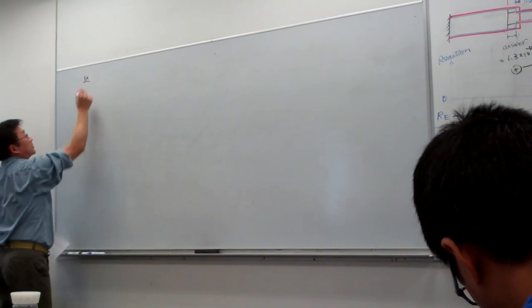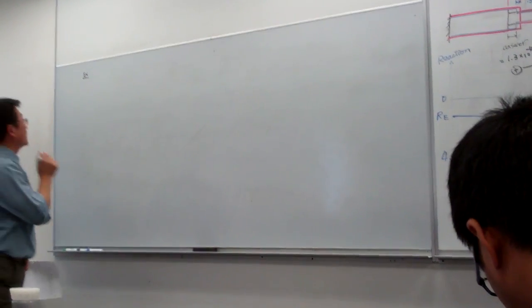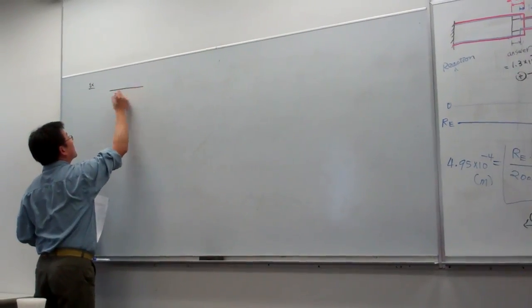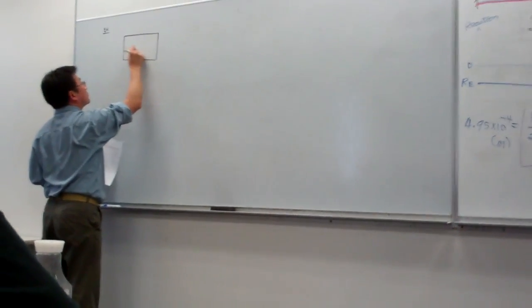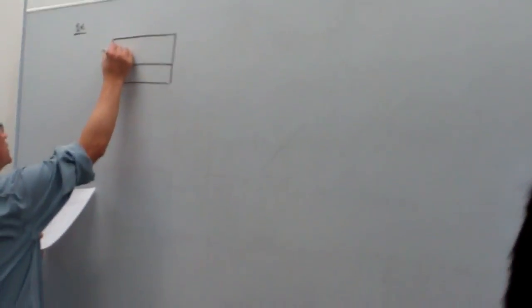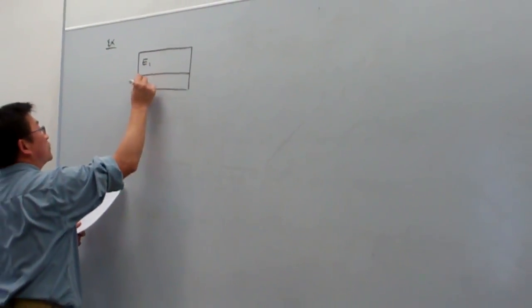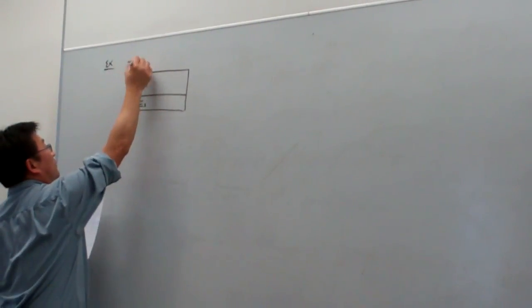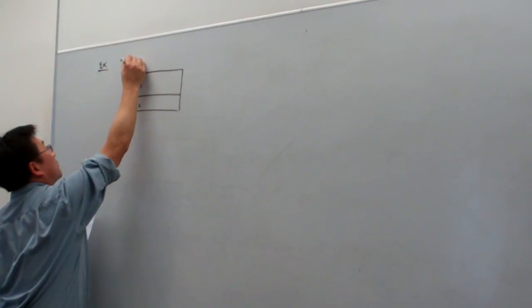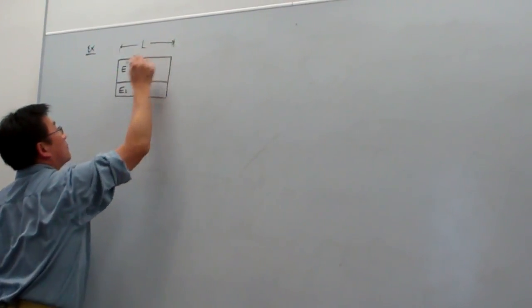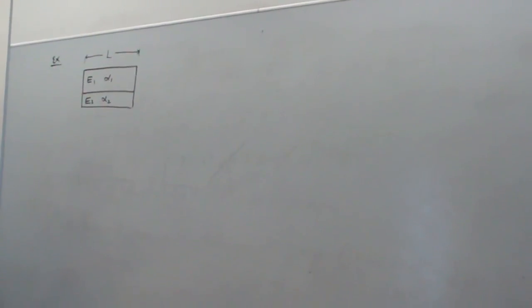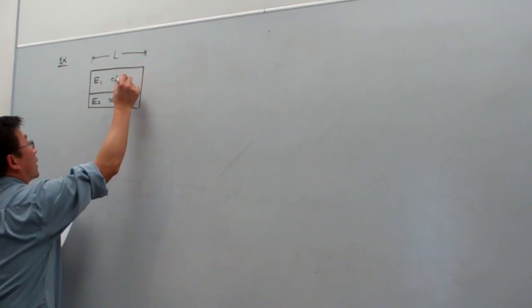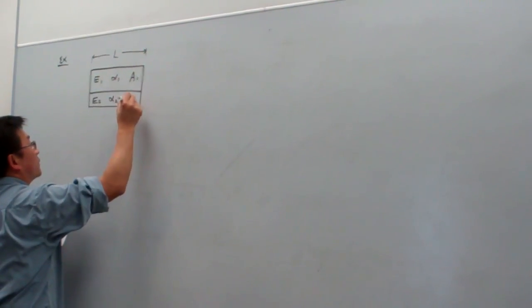Another example is this. If we have different materials, for example, this is E1, this is E2, and they have the same length, but different CTE, and different cross-sectional area.